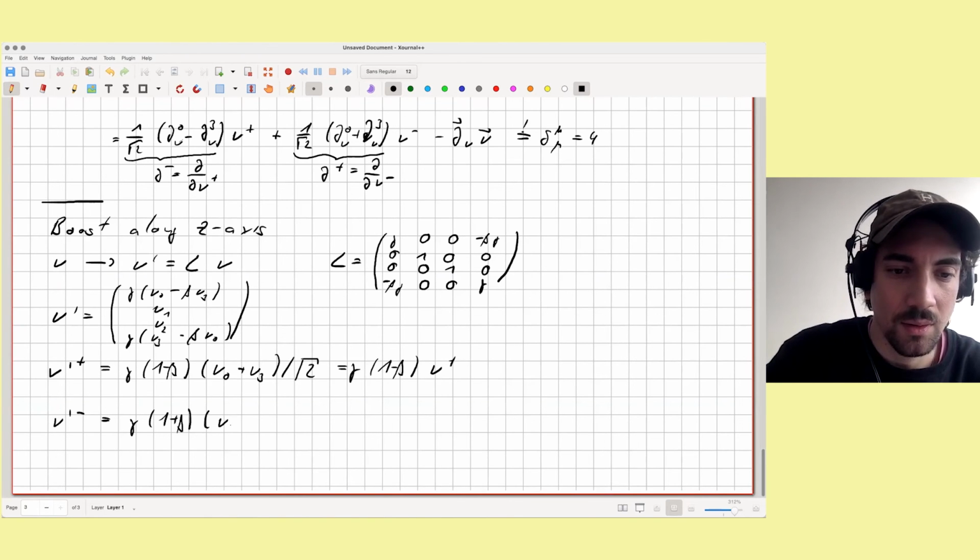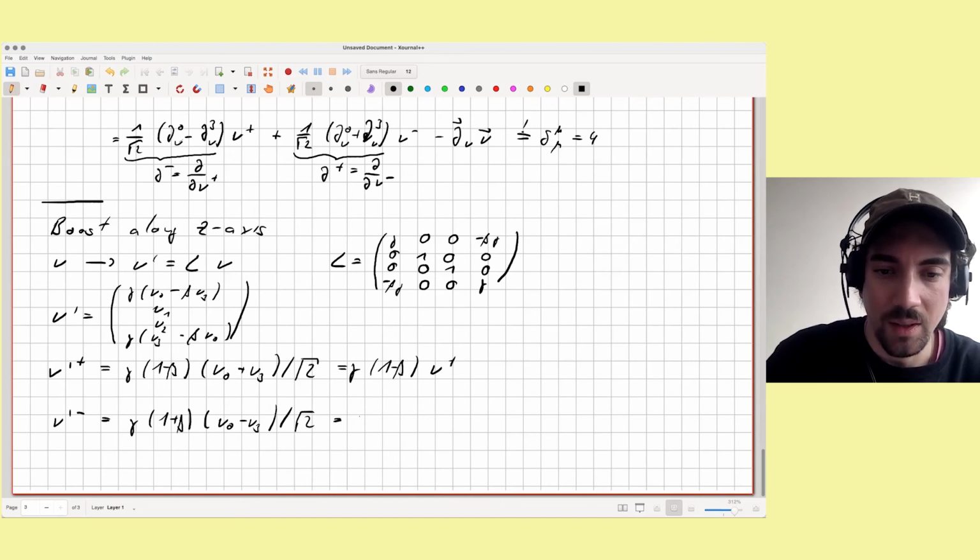times (v naught minus v3), and this is again divided by the square root of 2, and this is then gamma (1 plus beta) v minus.